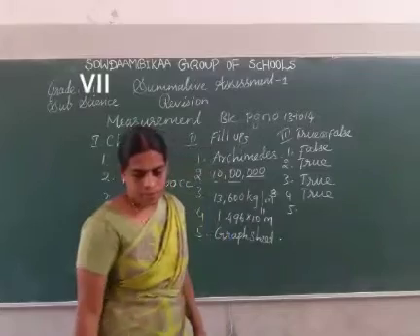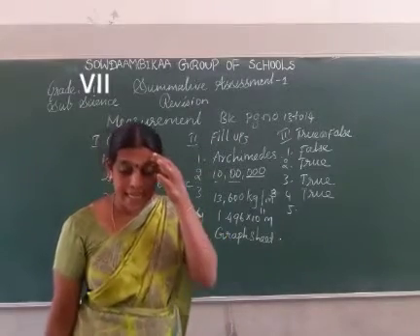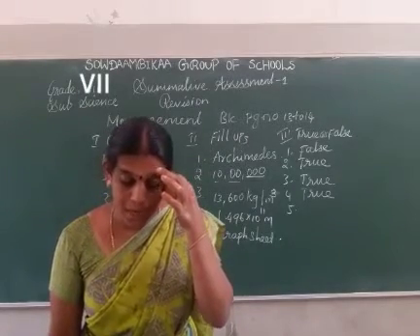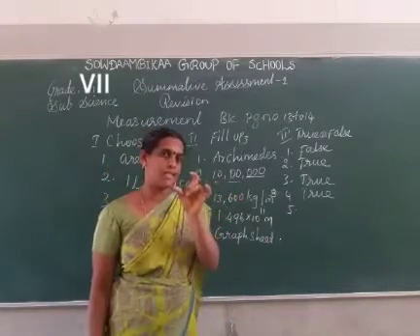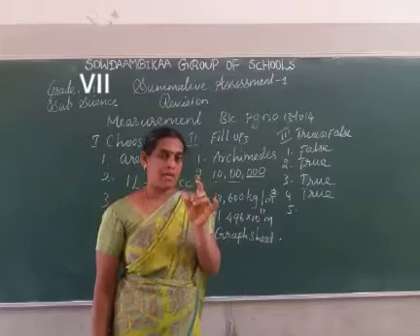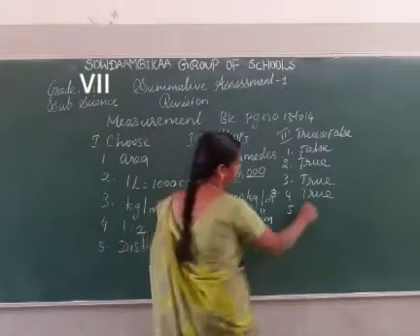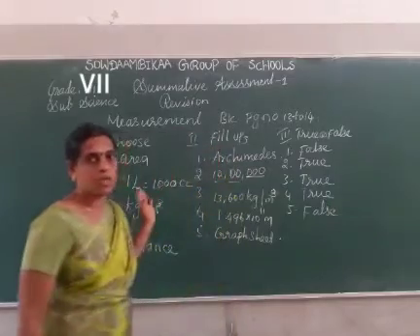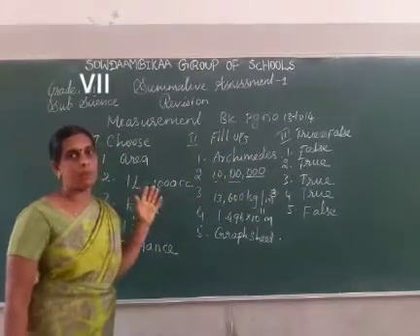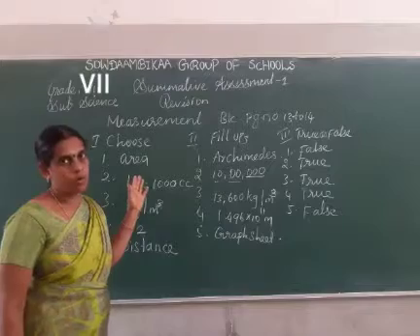Next, fifth one: substance which contains less number of molecules per unit volume is said to be denser. No, less, that word is wrong. Higher. So that one is false. I think this Roman is clear. If you didn't write in your book, now you write it.